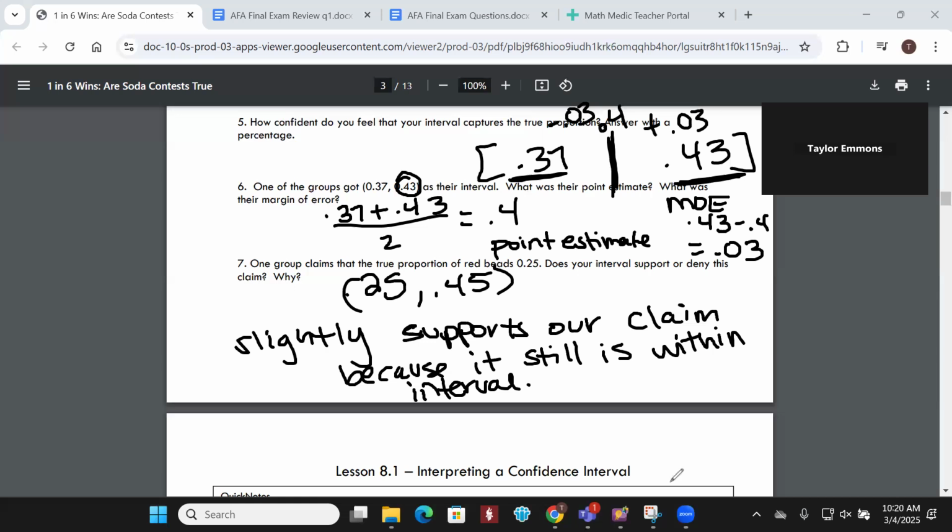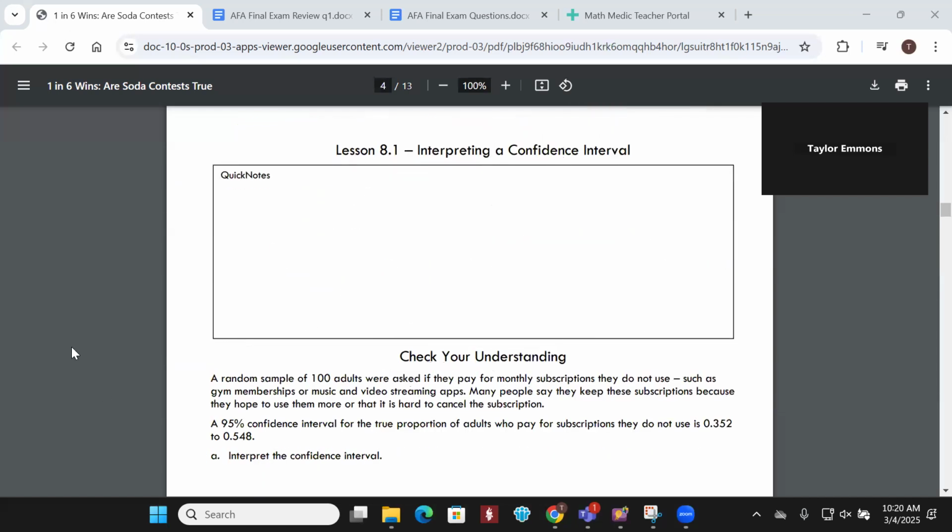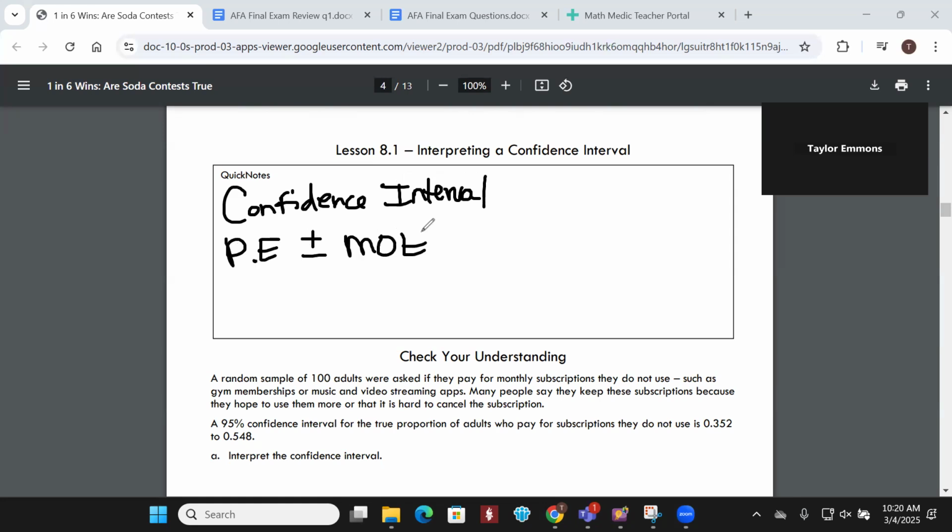All right, flip it. Okay, let's summarize. Interpreting a confidence interval: a confidence interval is found by taking your point estimate, adding and subtracting the margin of error. Everybody okay with these acronyms?